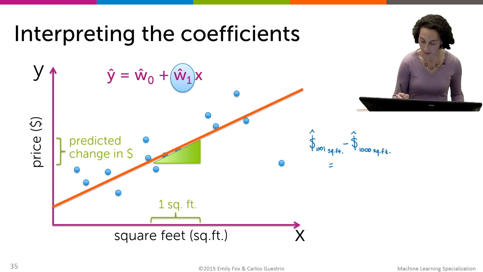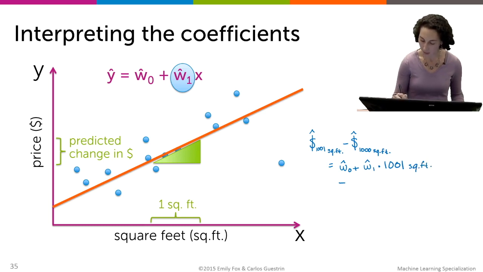Well, what is this? If I look at the first term, estimating a house with 1,001 square feet, how would I estimate that? I'd take w hat 0 plus w hat 1 times 1,001 square feet.